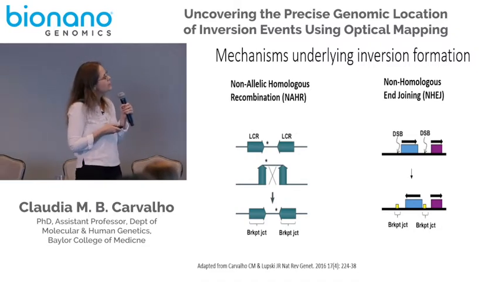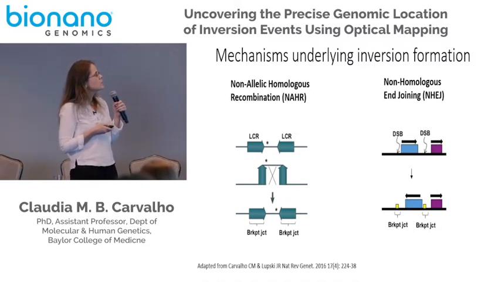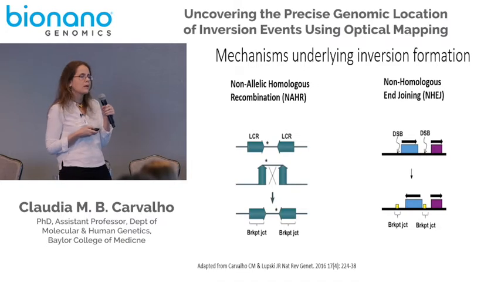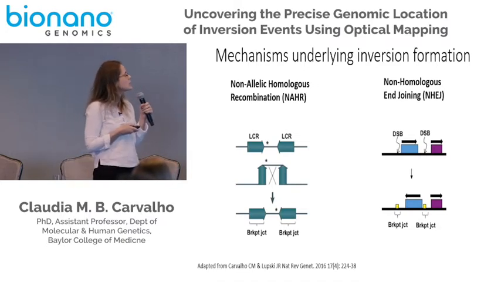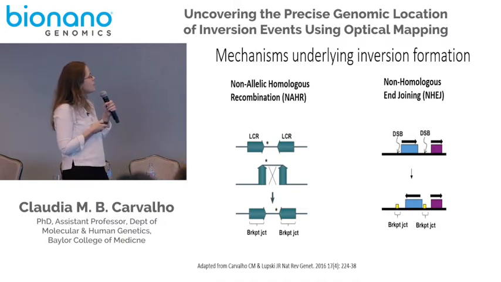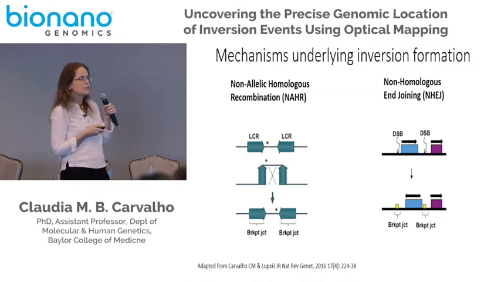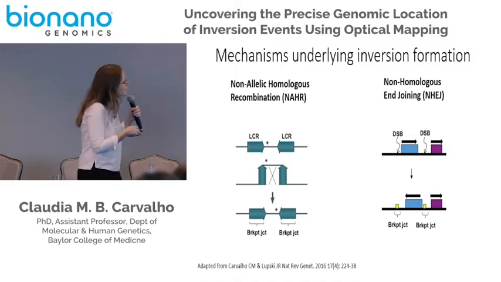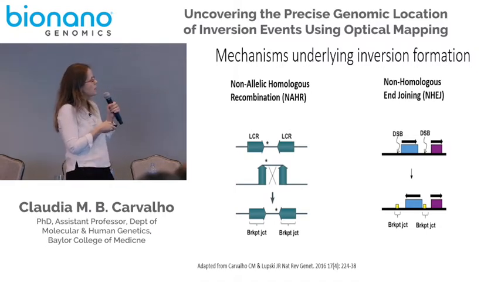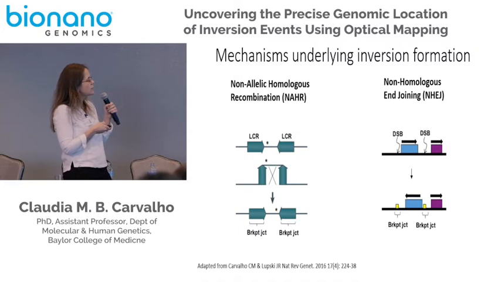Very briefly, I'm going to mention the two main mechanisms involved in the formation of inversions. One of them is non-allelic homologous recombination, which Jennifer explored a lot in her talk, and the other is non-homologous end joining. In non-allelic homologous recombination, we have formation of inversions by ectopic recombination between two inverted repeats.